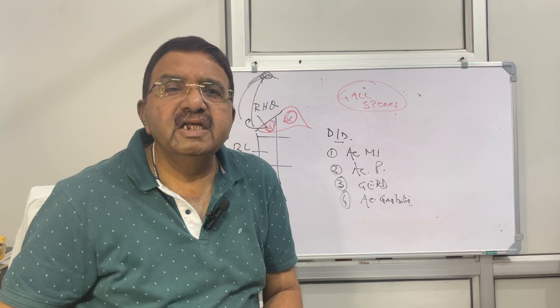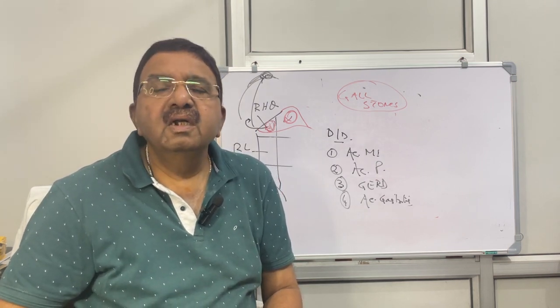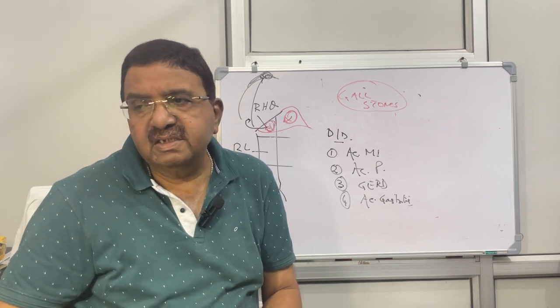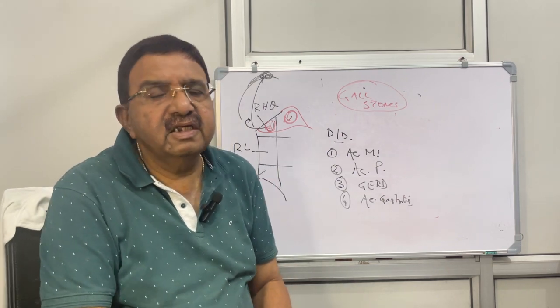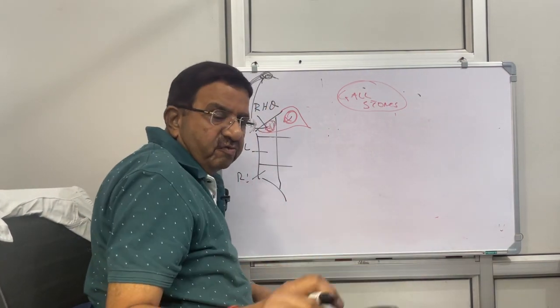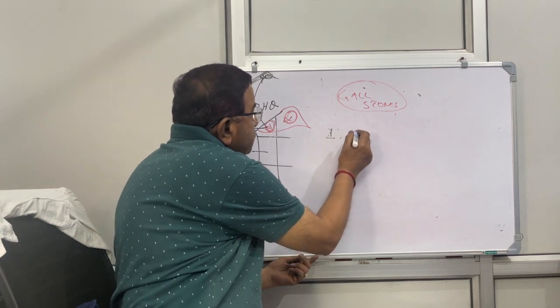Then coming to the management, how to manage acute biliary colic. Number one is control of pain by analgesics. Analgesics, that is pain relieving medicines.